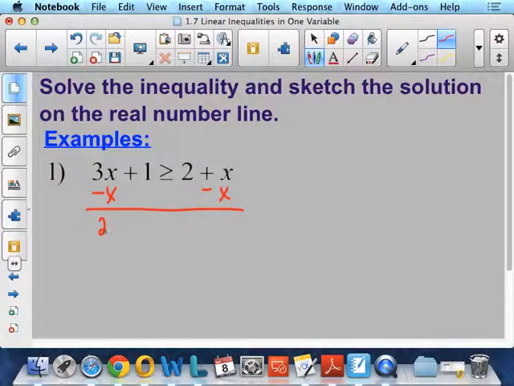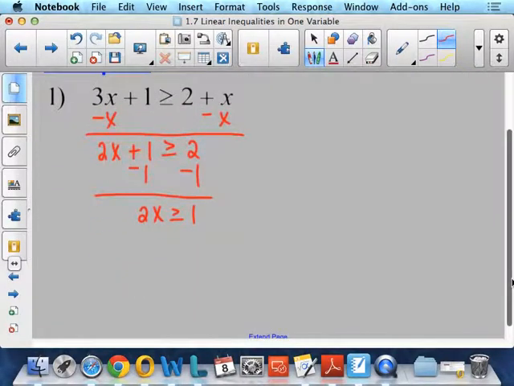So now I have 2x plus 1 greater than or equal to 2. Take my 1 to the other side. So 2x greater than or equal to 1. Divide both sides by 2. So I get x is greater than or equal to 1/2.